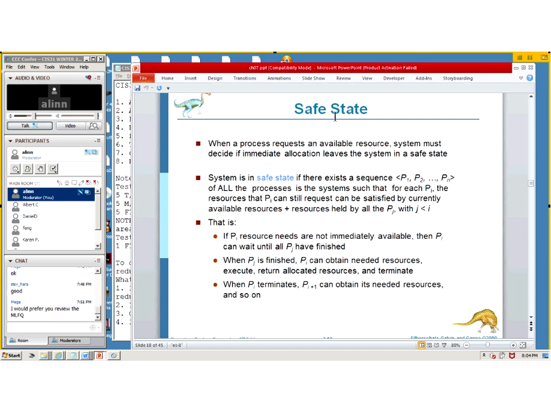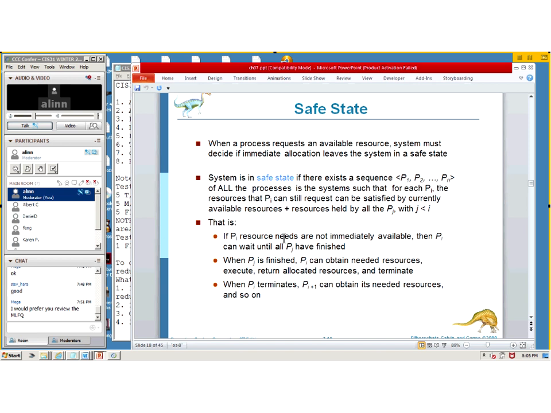So there's a concept called a safe state. And the definition is, a system is in a safe state if there exists a sequence, whatever that sequence is, of all the processes in the system such that the resources they may still request can be satisfied by the current available resources. It's kind of hard to understand it in these words. You'll see the example and I think you'll understand it better.